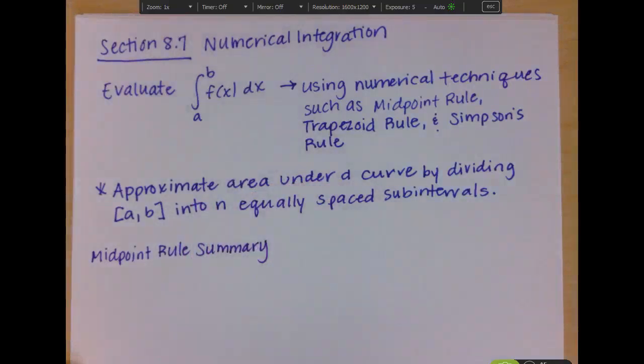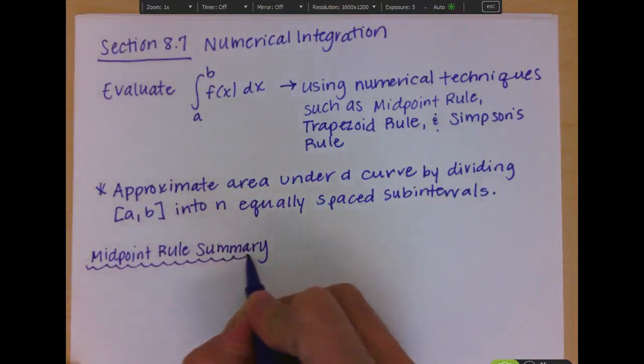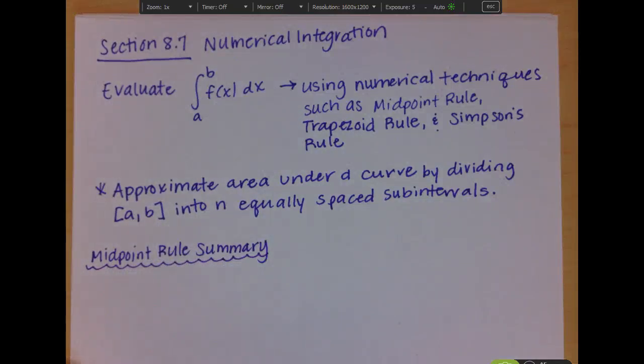It's my hope that each of you has completed that introductory activity that I put up on Canvas, which was the worksheet that had you actually completing a midpoint rule example and then also a trapezoid rule example with my step-by-step instruction. So hopefully you've seen an example of each one of these already.